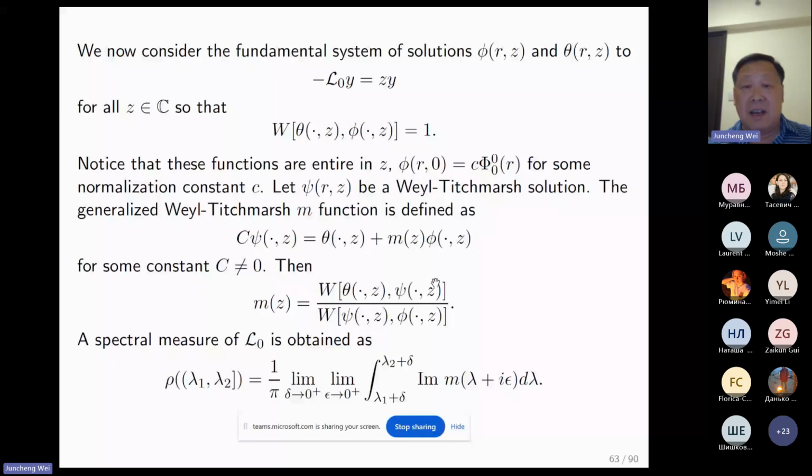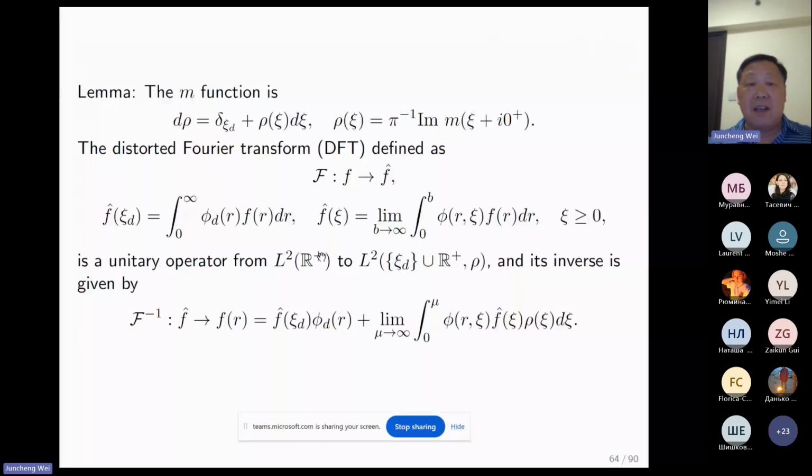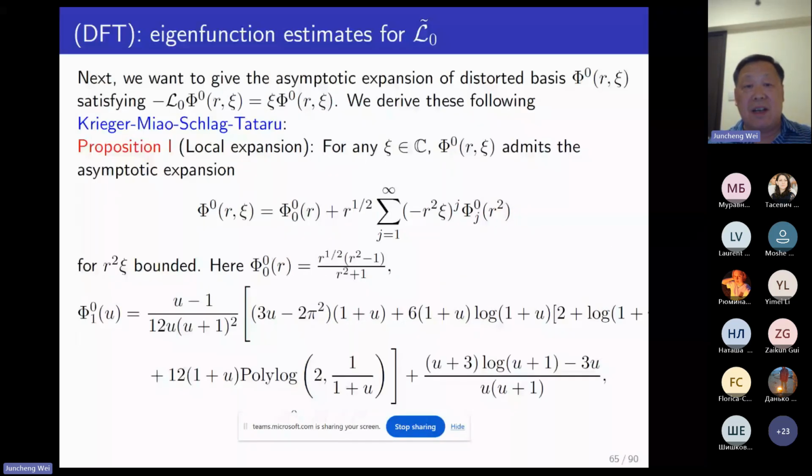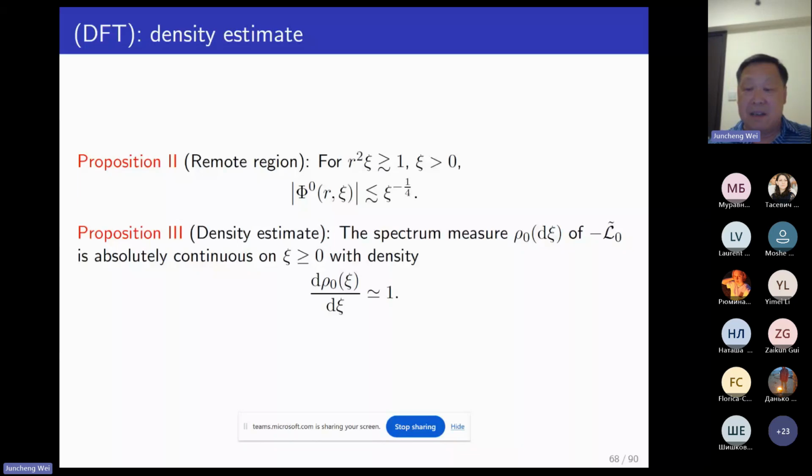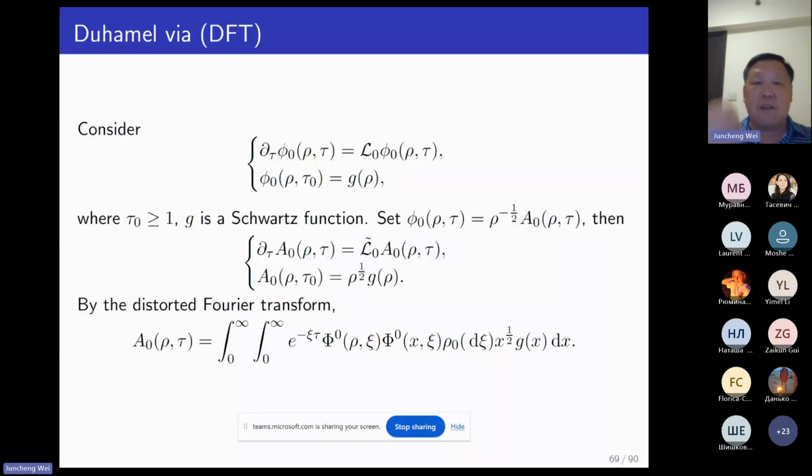Anyway, there's a lot of computation and a lot of local expansions, and for this spectrum measure you have the density estimate. But once you have the distorted Fourier transform, you can perform the same kind of operation as for the Laplace operator.